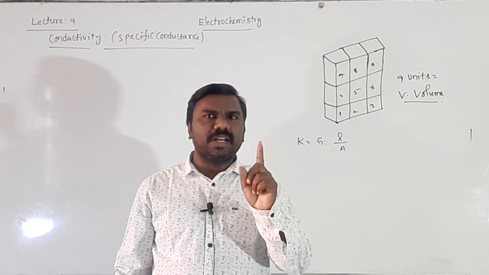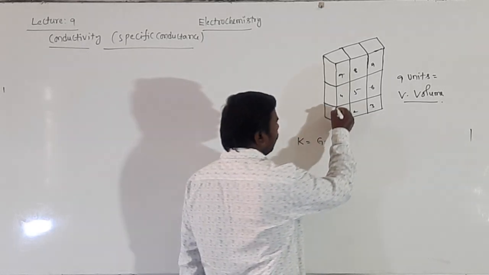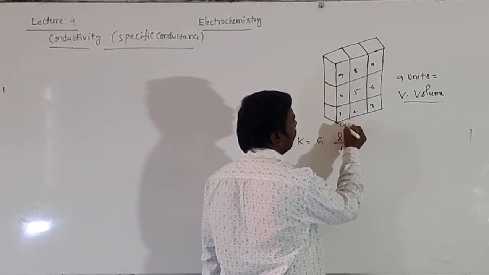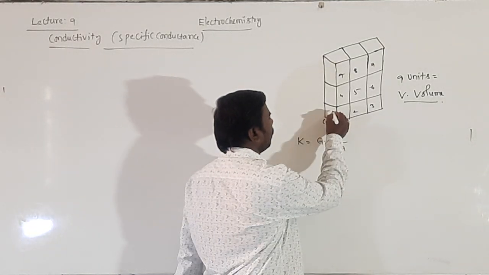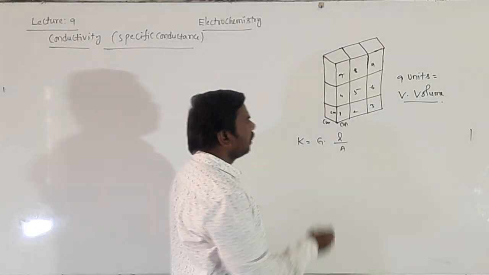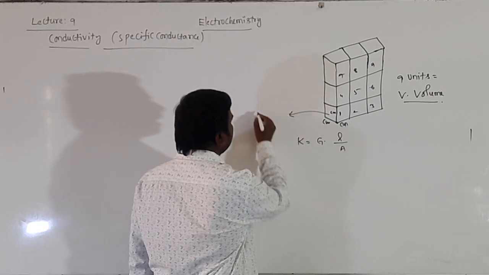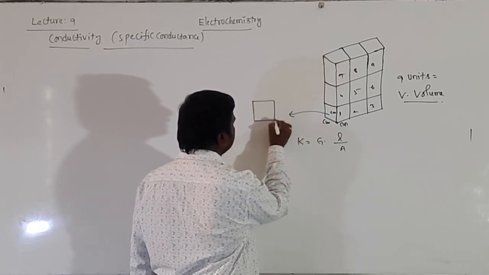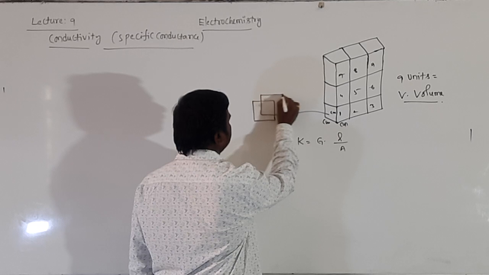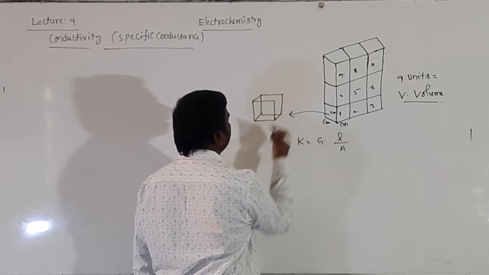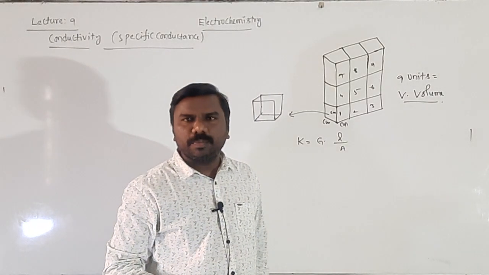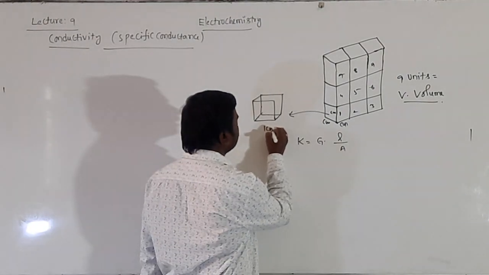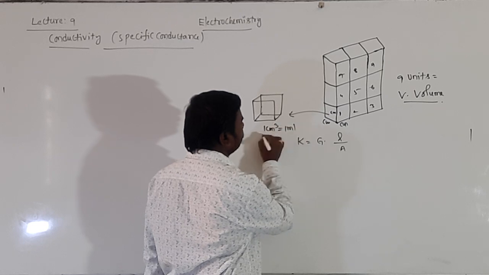Specific means only one unit. This unit height will be centimeter, length will be centimeter, depth will be centimeter. So centimeter into centimeter into centimeter, total is centimeter cube. Centimeter cube means it is 1 milliliter indirectly.